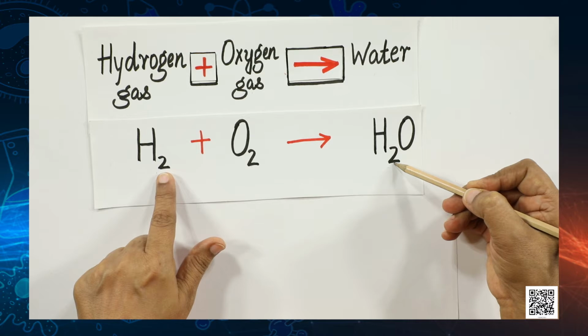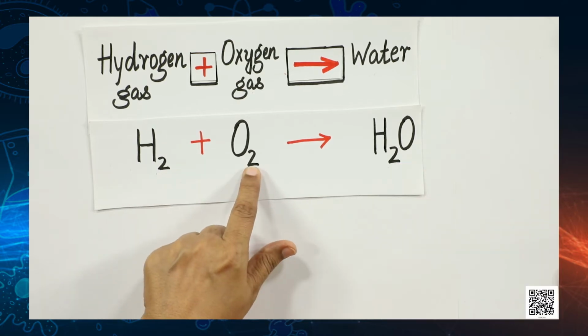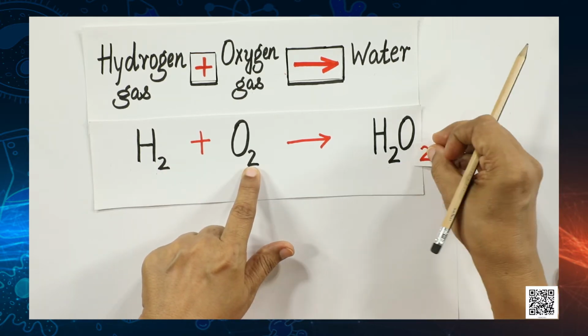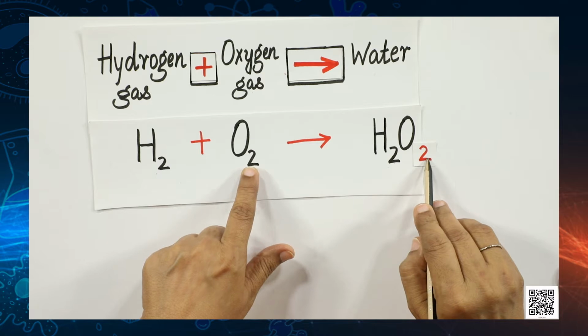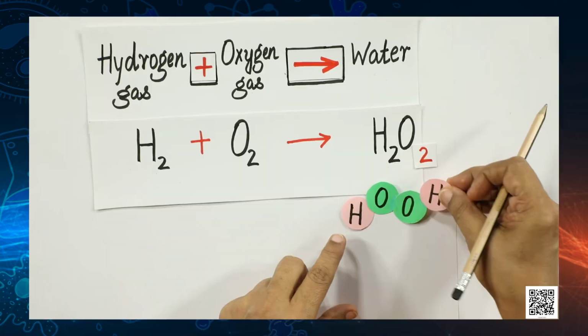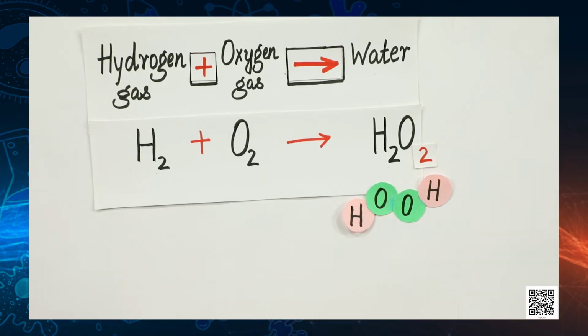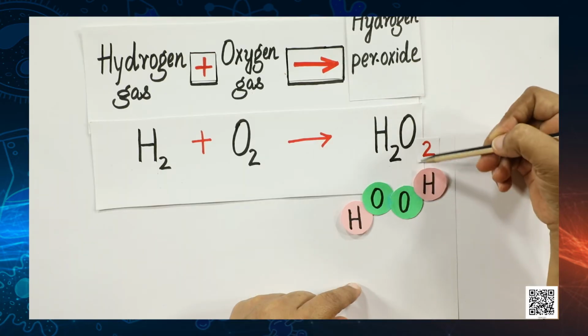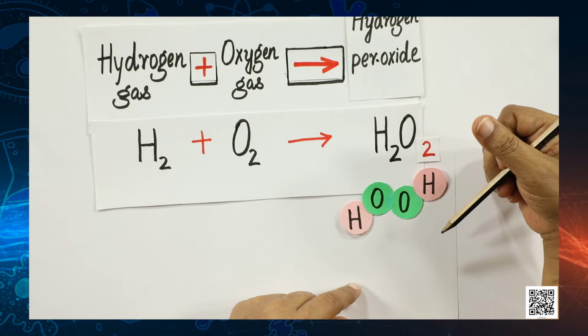So, O2, why don't we make this O as O2? Well children, never do that, because it was a water molecule. Now, by adding this subscript, what have you done? You have changed the entire structure and made a new substance. This is hydrogen peroxide. And while balancing equations, you cannot form a new substance.